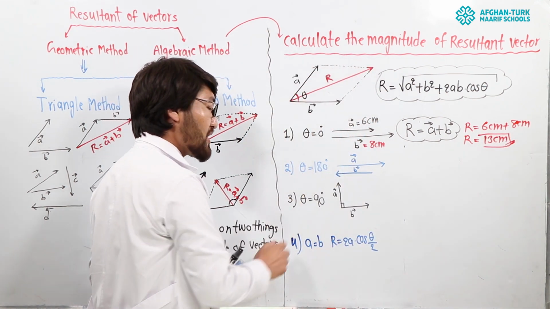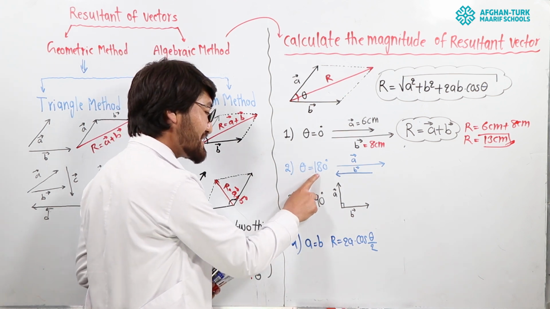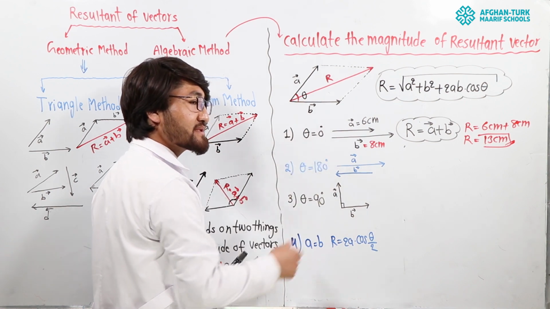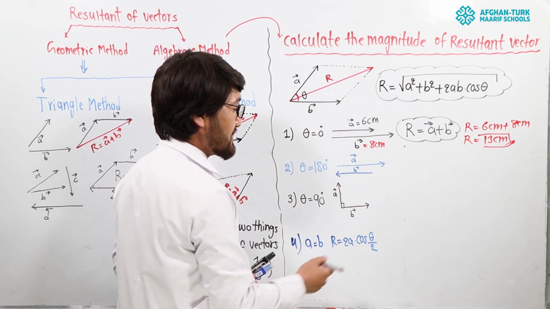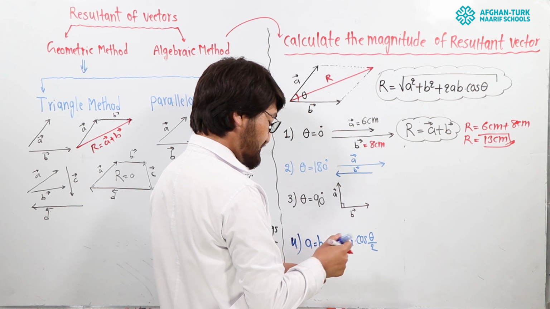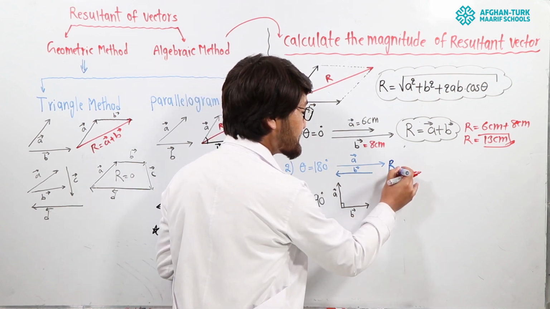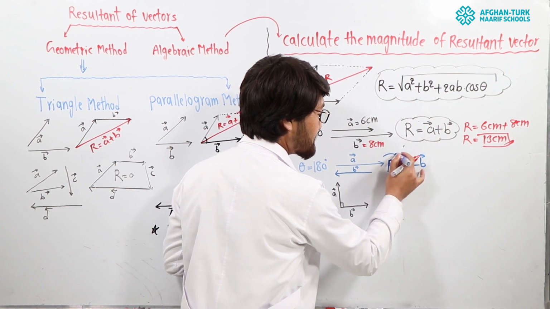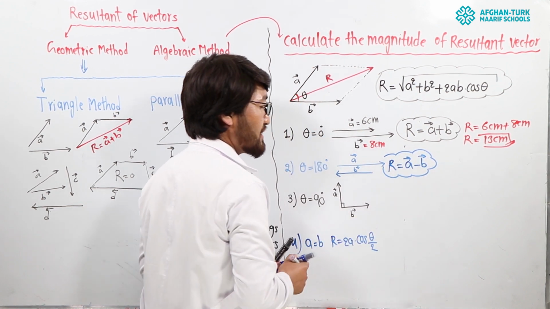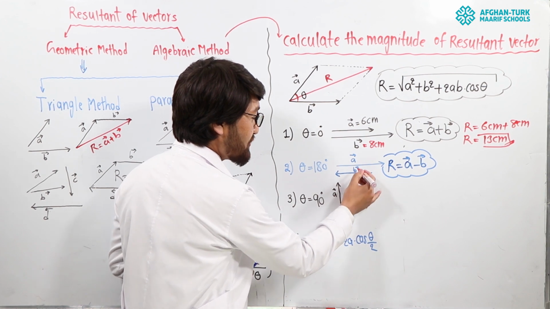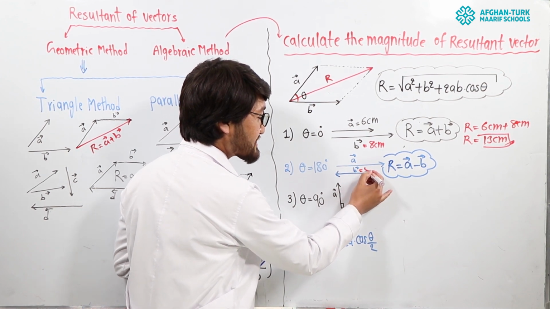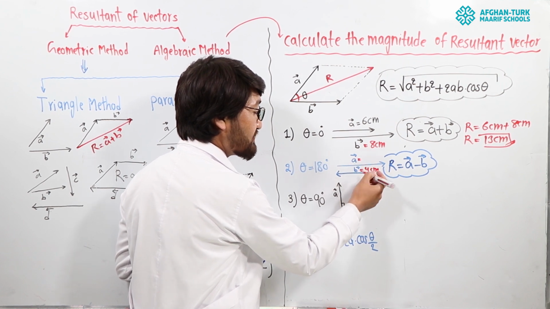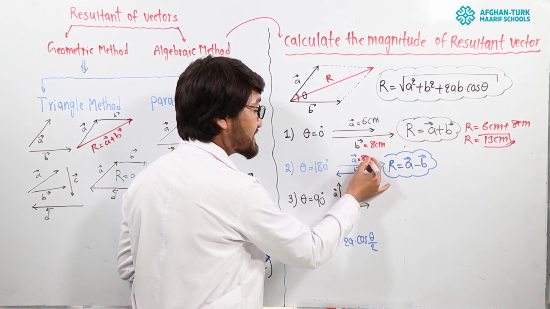Now come to another property. If the angle is 180, it means the vectors are opposite. From this formula, you can find the resultant vector: vector A minus vector B. For example, the magnitude of vector A is 8 centimeters and vector B is 4 centimeters.